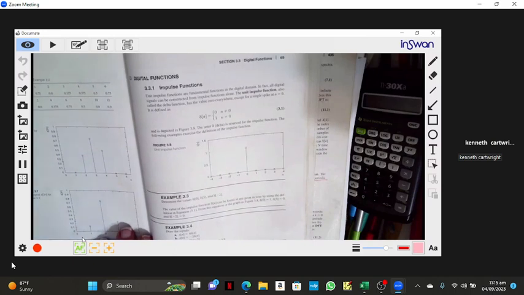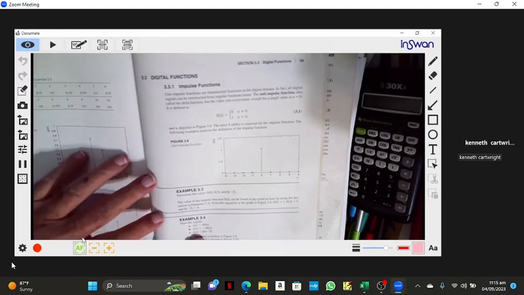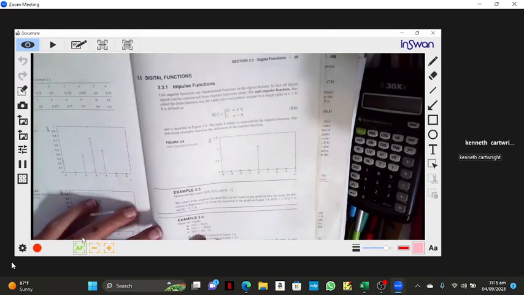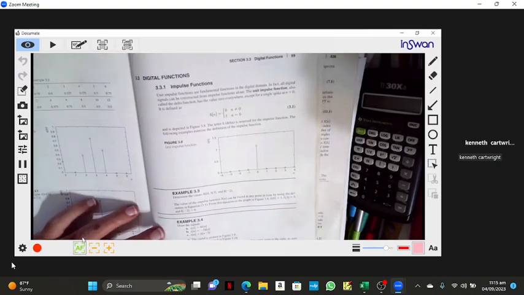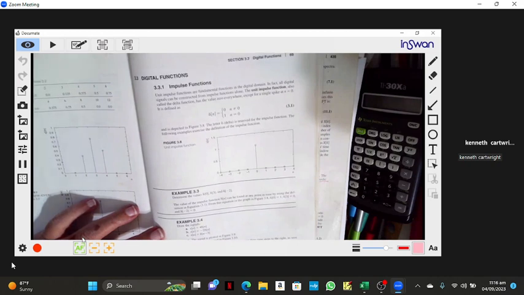So what's the corresponding digital impulse? The digital impulse is given in figure 3.8 and by equation 3.1. The digital impulse is 0 everywhere except at n equals 0, and at n equals 0, it is 1. It's not infinite, it is 1.